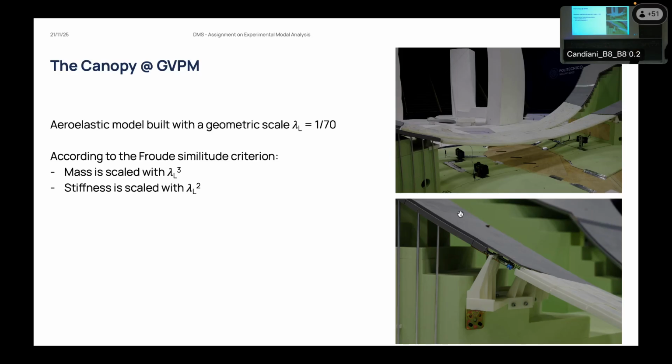That means the square root of 1 divided by lambda square. Okay, so all the quantities must be compatible.